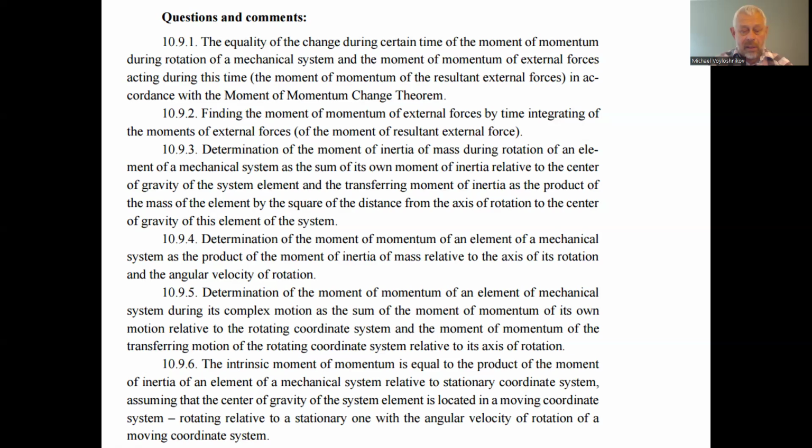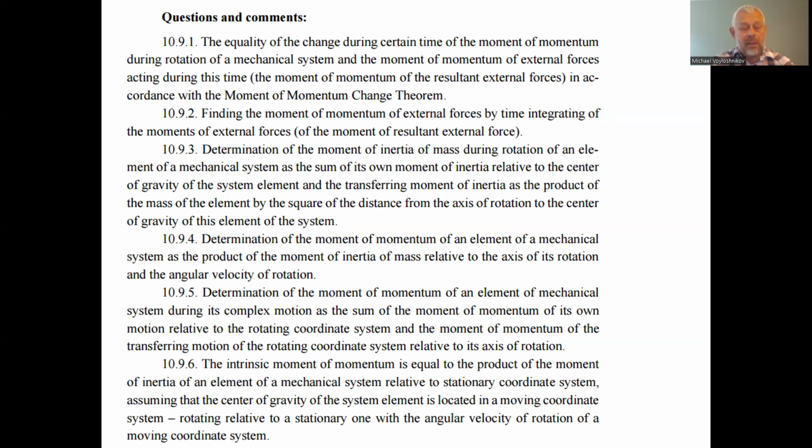Next we can integrate this equation and find the integral form of the momentum change theorem with a definite constant of integration. If we have initial conditions, we can find the constant and use this for solving the problems.